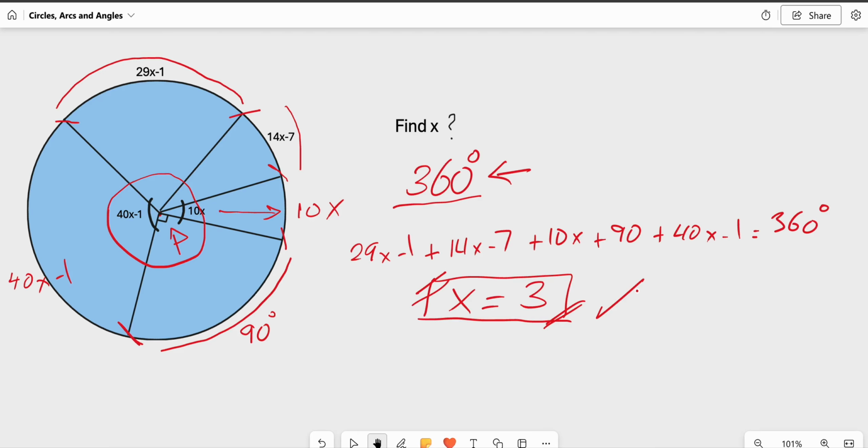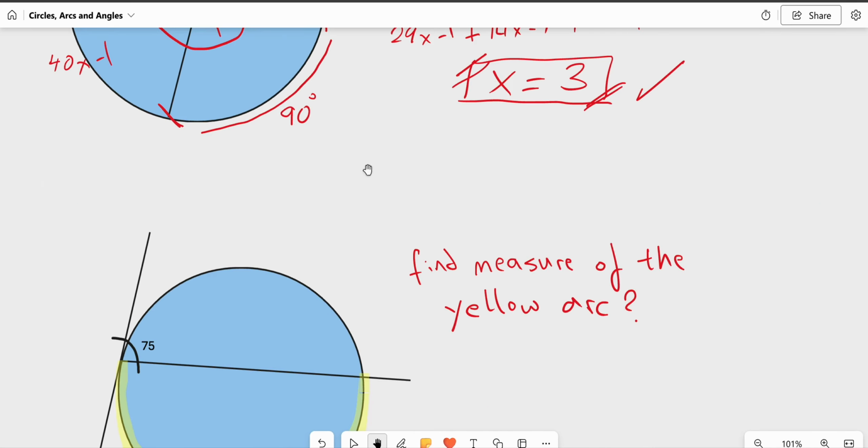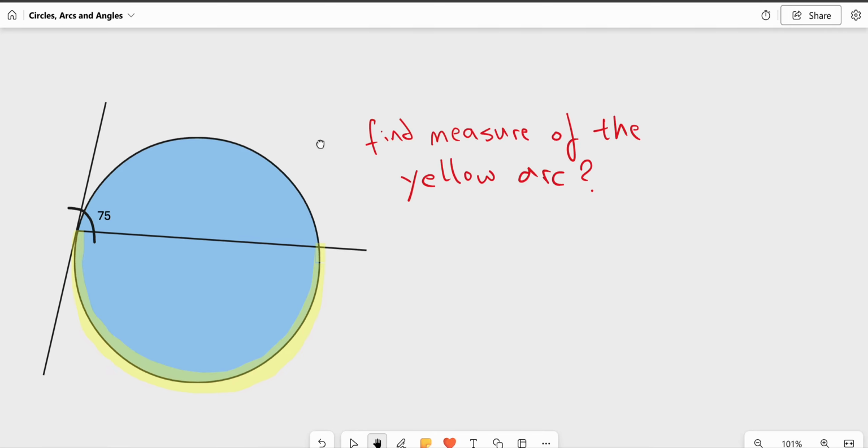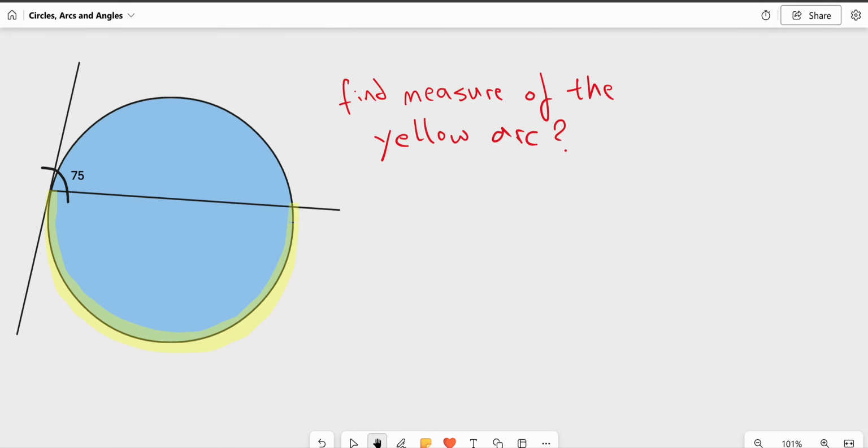So, let's do another one. In this problem, we need to find the yellow arc. So, what type of angle is this?